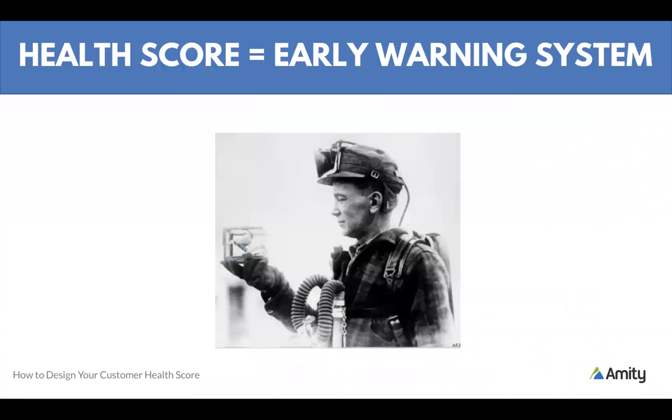Okay, so customer health score, you can think of it as your early warning system, and it can be a macro level early warning system that says this customer is healthy or unhealthy, or it can be a capability level early warning system that says the onboarding for this customer is unhealthy, or the business outcomes for this customer are unhealthy or are very healthy. And so you can think of the health score as being the canary in the coal mine.